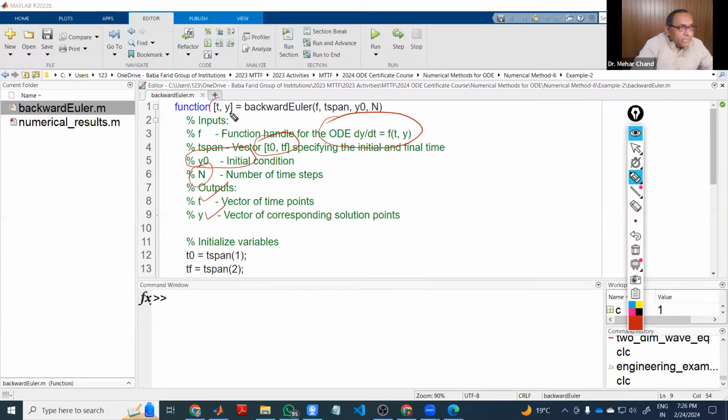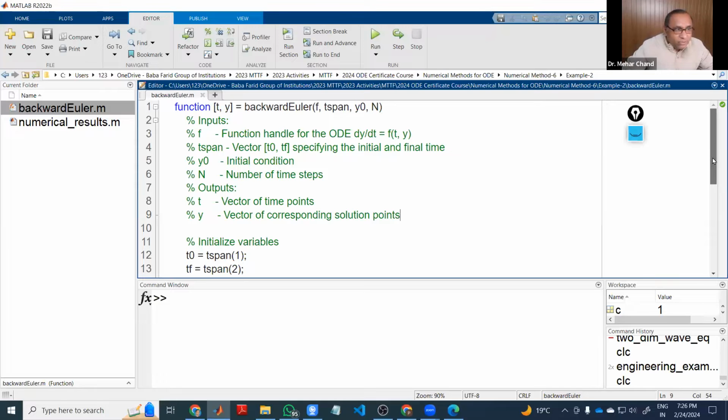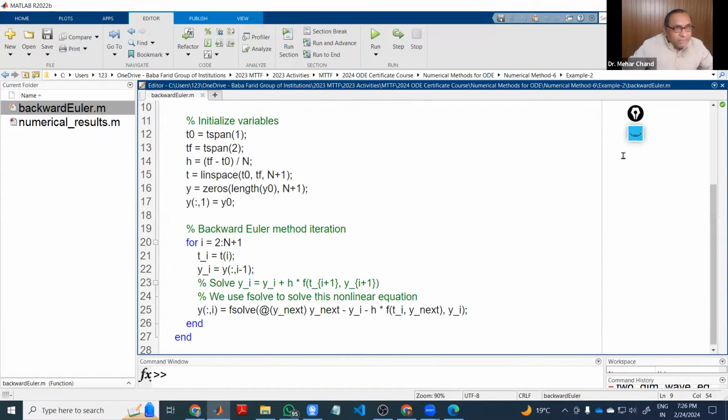Now we can easily implement it, and some of the steps will be similar to what we did for the others. So here is the complete program.